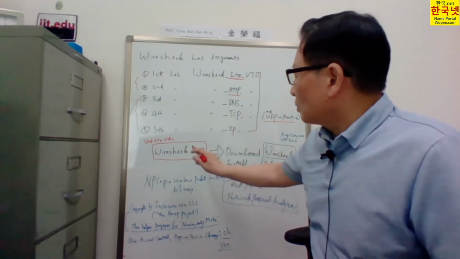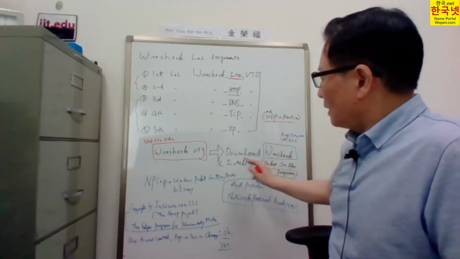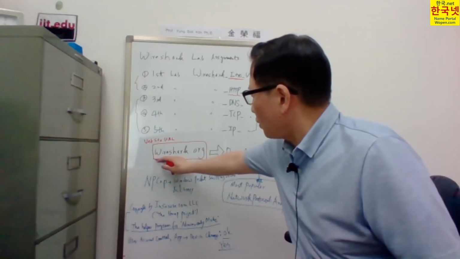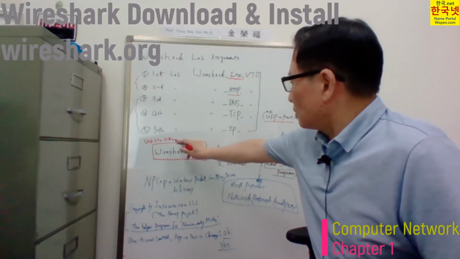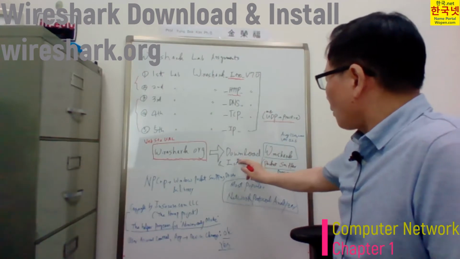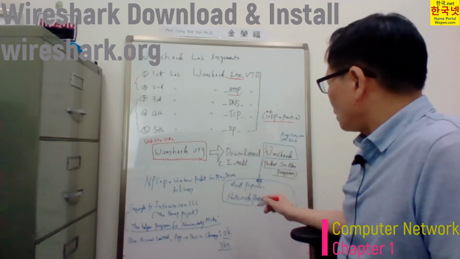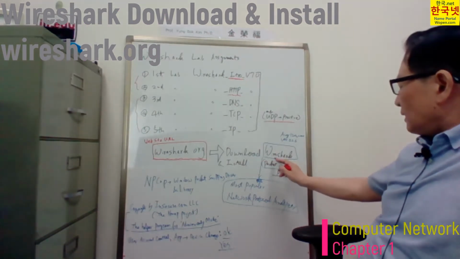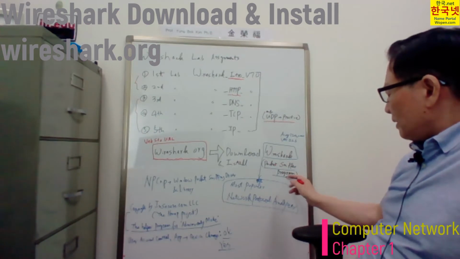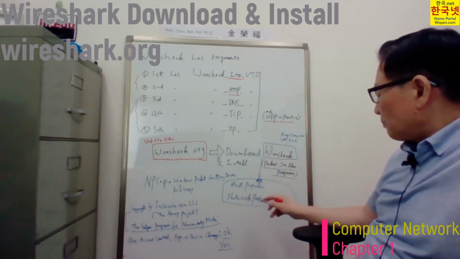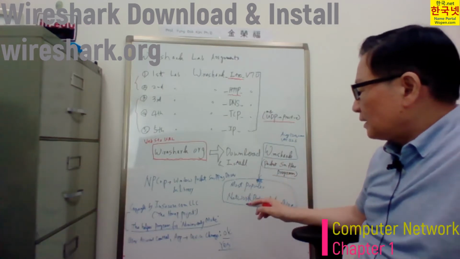To get the Wireshark program, I'll show you later. Anyhow, wireshark.org is the URL, and you can download and install it. Wireshark is a kind of packet sniffer program, and it is the most popular network protocol analyzer.